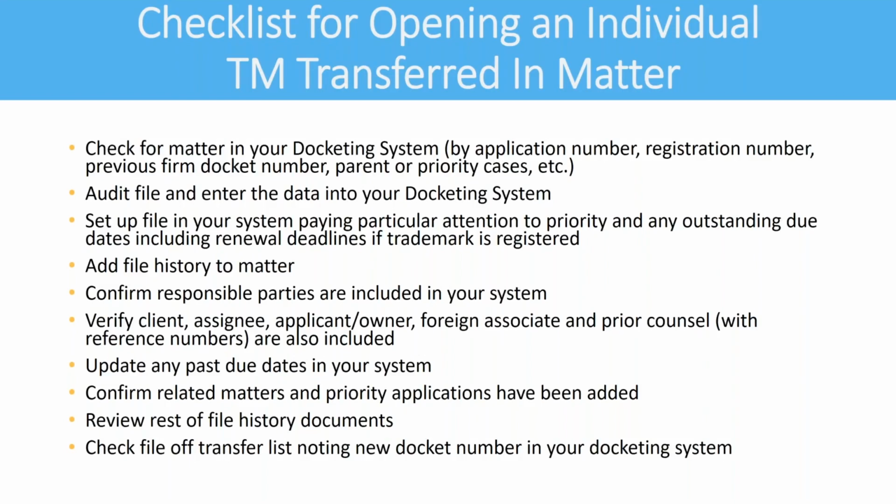There are so many things that can slow you down. Sometimes the information that we receive isn't correct. There's a typo in the registration number, or the application number doesn't match. When all is good, less than 15 minutes.